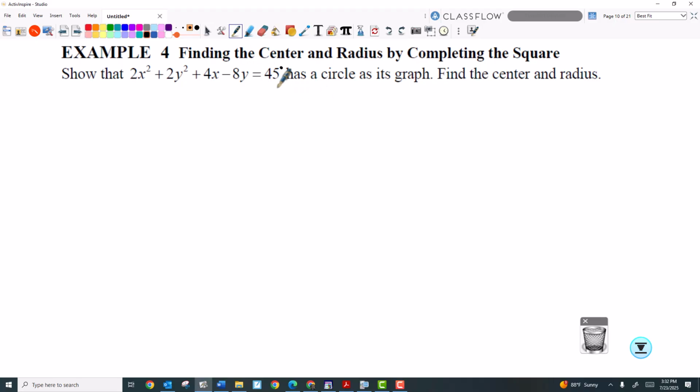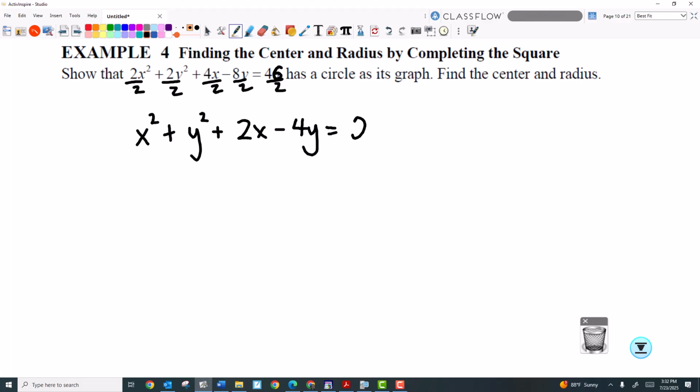Go ahead and make that a 46, just so it'll work out a little bit more even, okay? So we're going to divide everything by 2 because we need our x squared and our y squared to not have a number in front of them. So it'll be x squared plus y squared plus 2x minus 4y equals, what's that, 23?